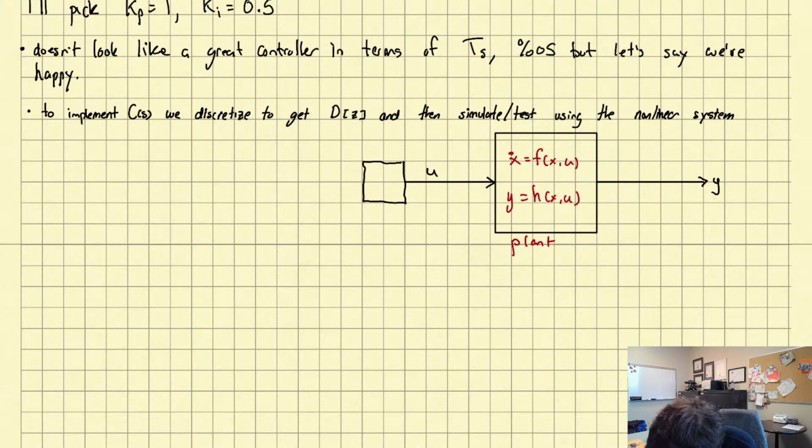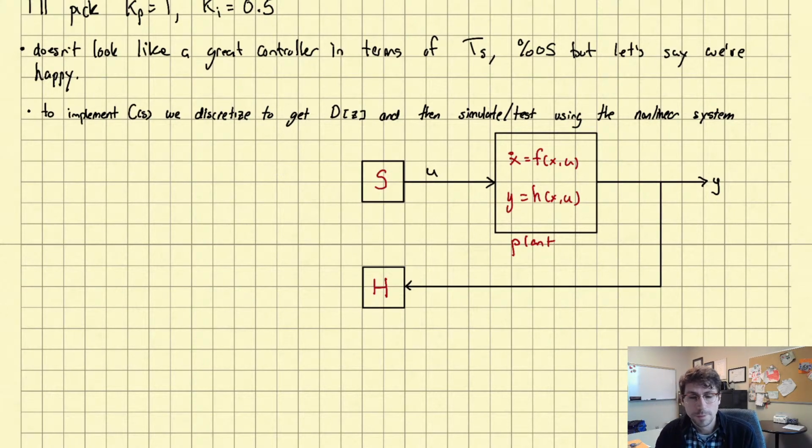So there's H. Okay, so here we're going to have our sampler, ideal hold, and so this will be the interface to our plant. Okay, all right, so that's the part we can't change.